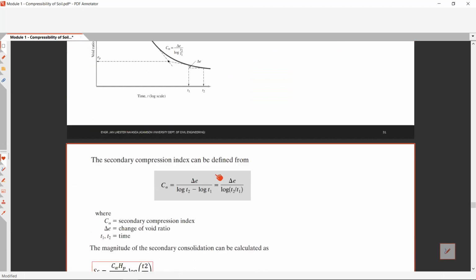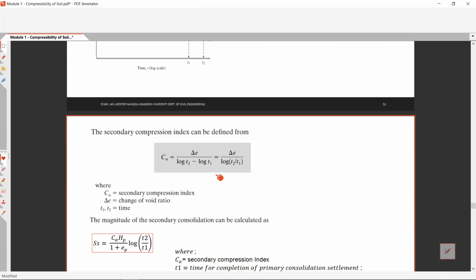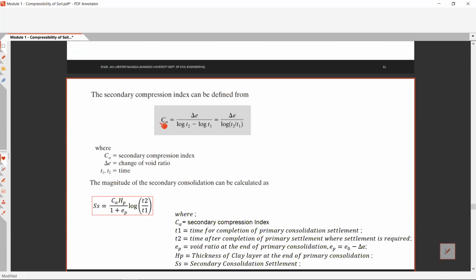Okay, so the secondary compression index can be determined from the formula for C sub alpha. The secondary compression index is denoted as C sub alpha, that is delta e over log t2 over t1, or delta e over log t2 minus log t1. C sub alpha is the secondary compression index, delta e is the change in void ratio, and t1 and t2 are times.